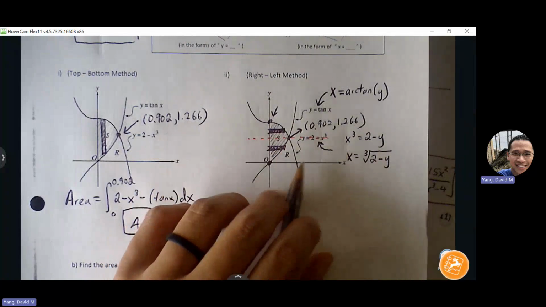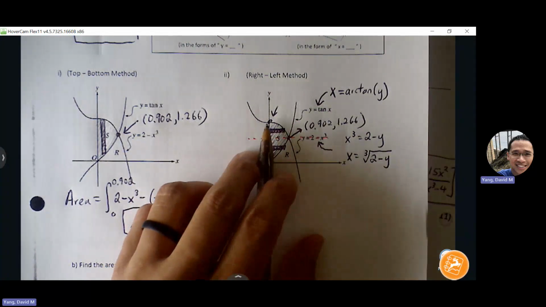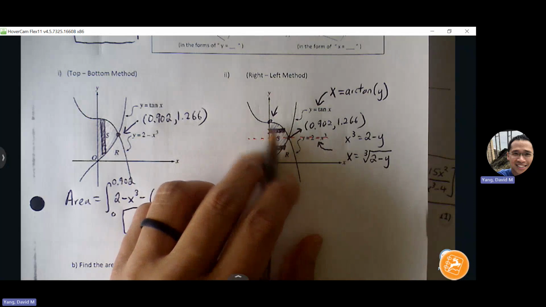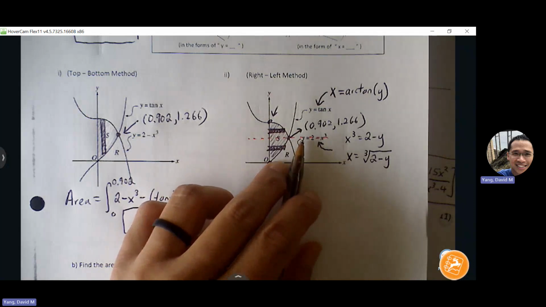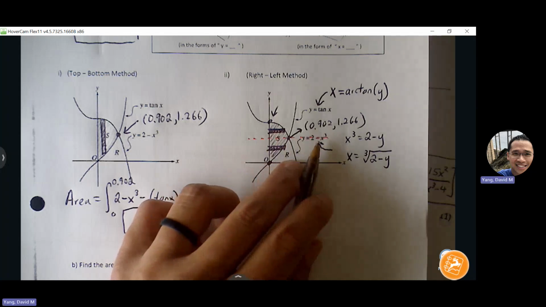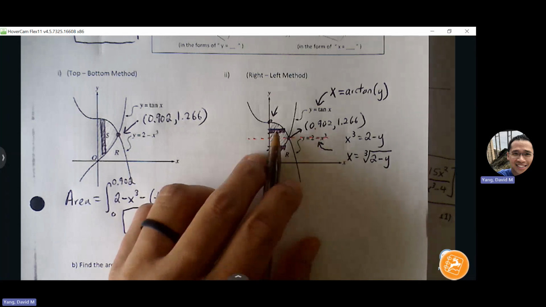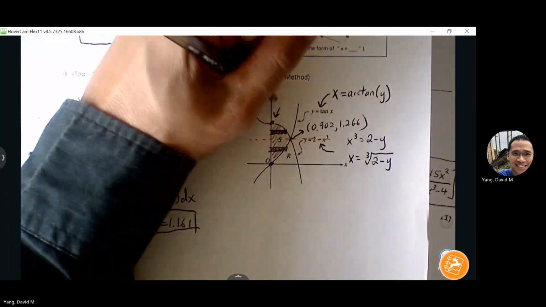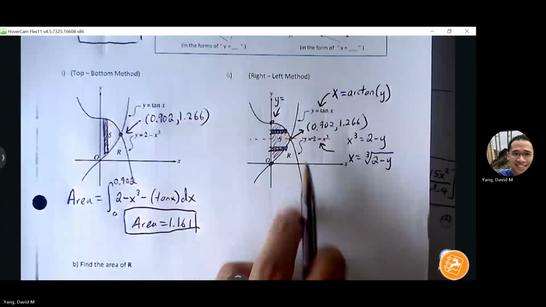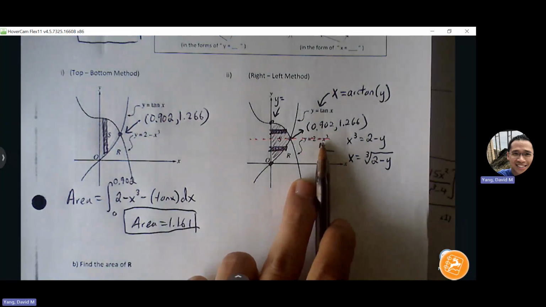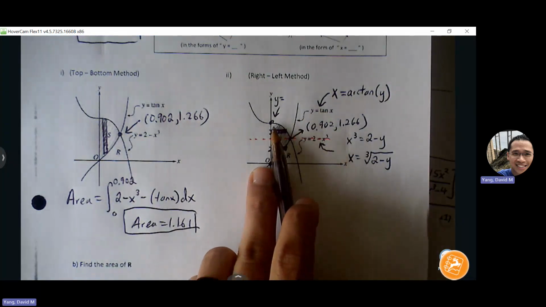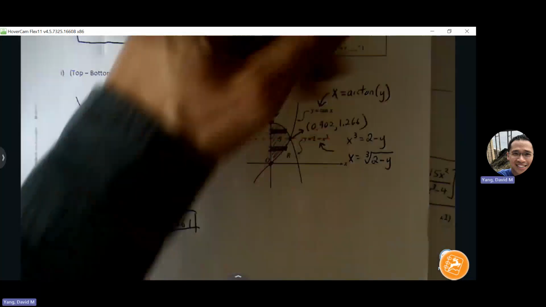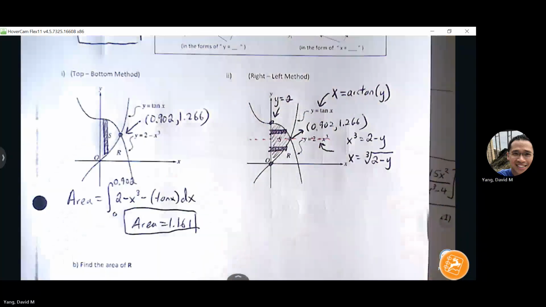Because this is y equals 2 minus x cubed, so that's the y-intercept. So I can replace x with 0. So what's my y value there? If I replace x with 0, 2 minus 0 is 2, right?